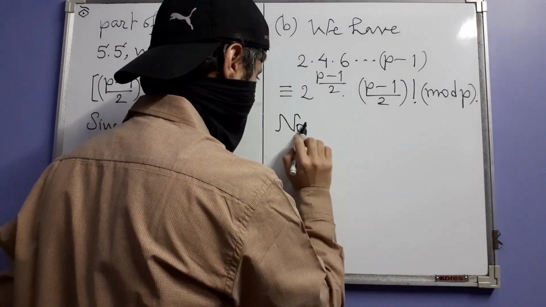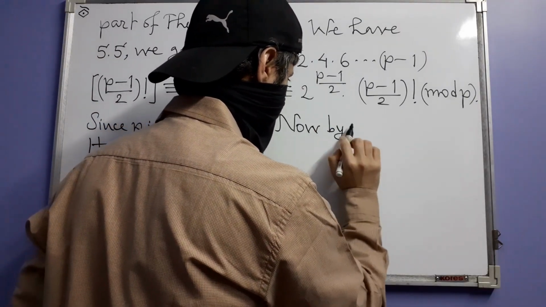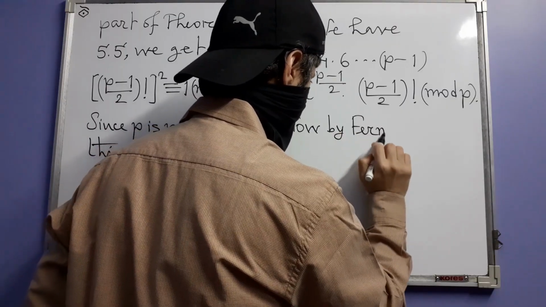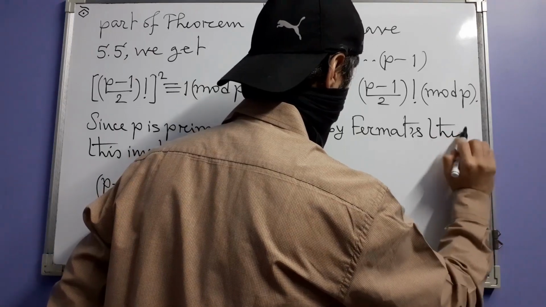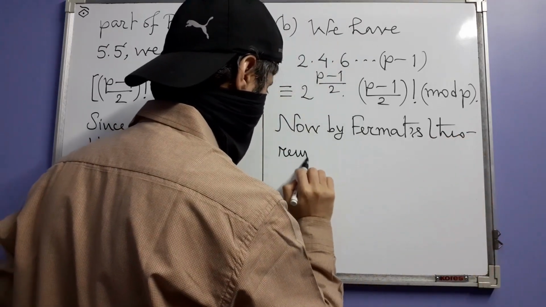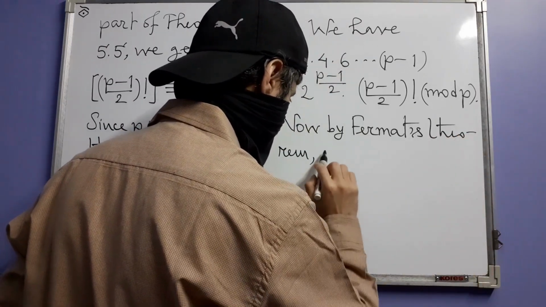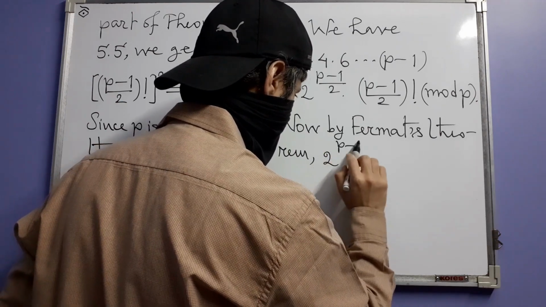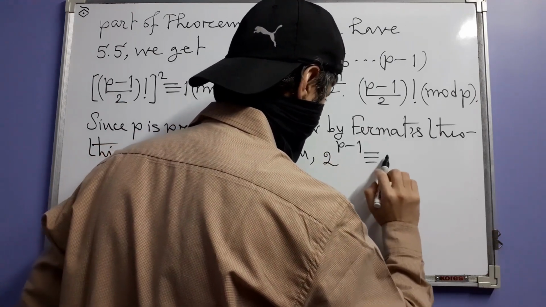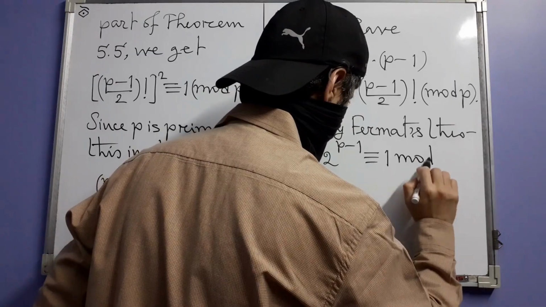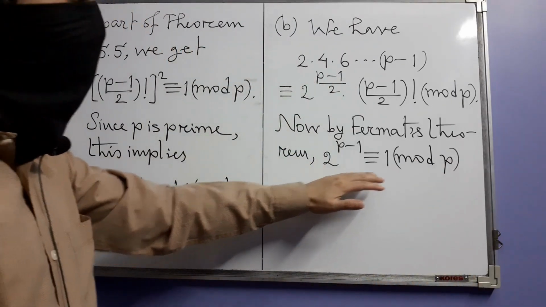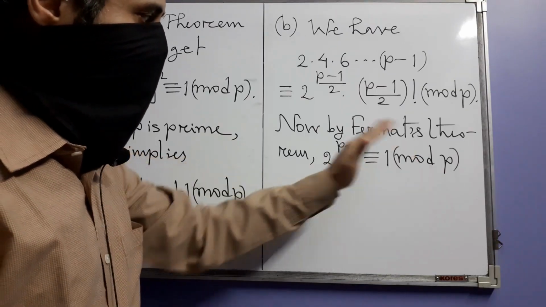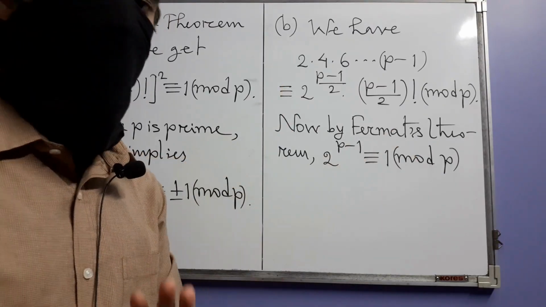Now, by Fermat's theorem, 2 to the power p minus 1 is congruent to 1 modulo p. Again, keep in mind that we are able to write like this because p is an odd prime, so p does not divide 2.